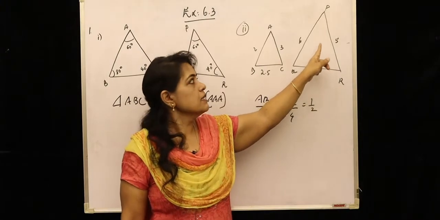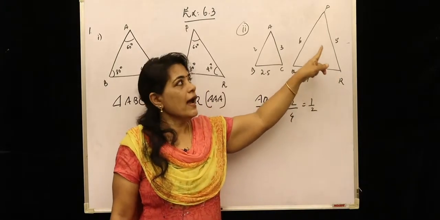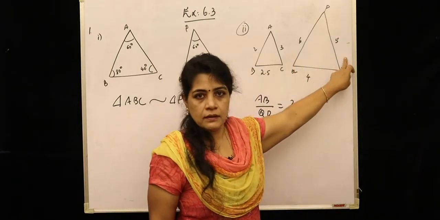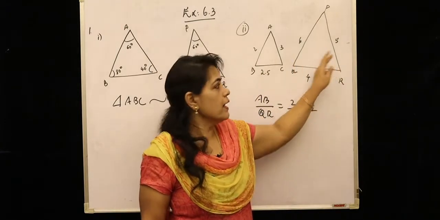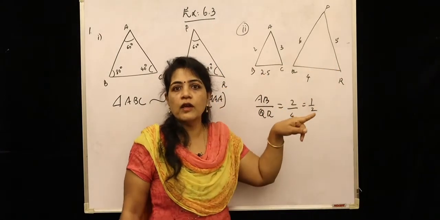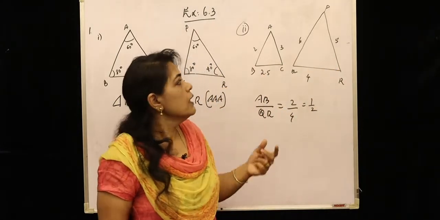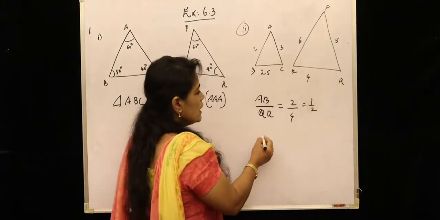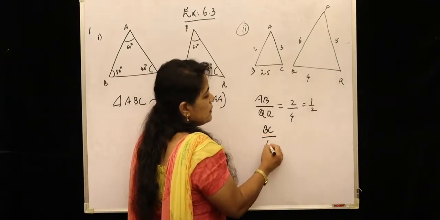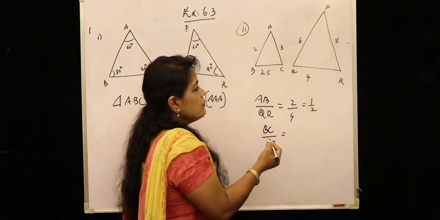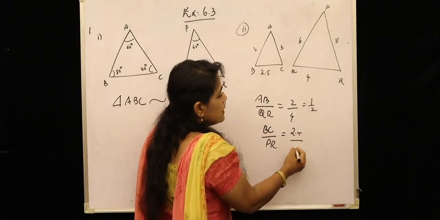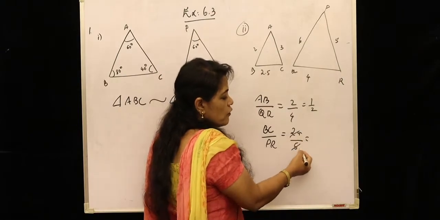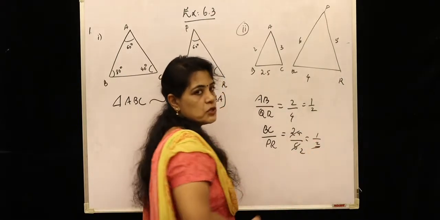There is a side in triangle PQR with 5, and from BC to PR you get it by multiplying by 2. 2.5 into 2 is 5, so the ratio BC by PR we are going to check. In the first triangle BC is 2.5 and PR is 5, so 2.5 into 2 is 5, so 1 by 2 is the ratio.